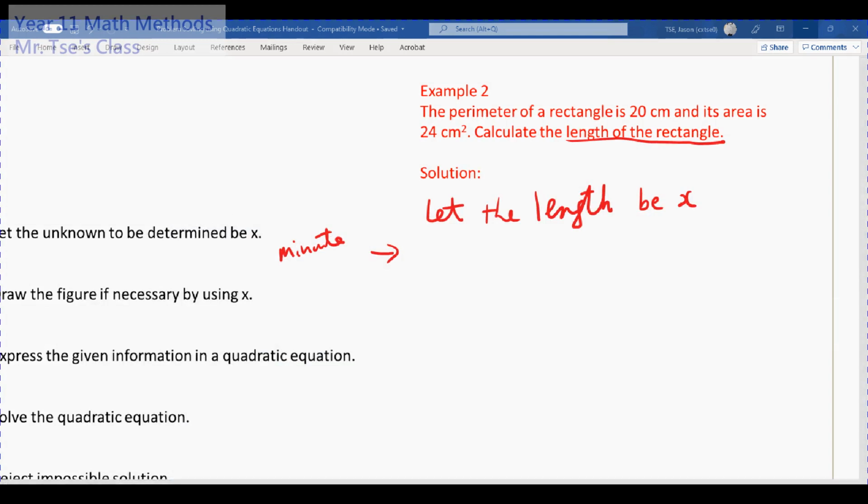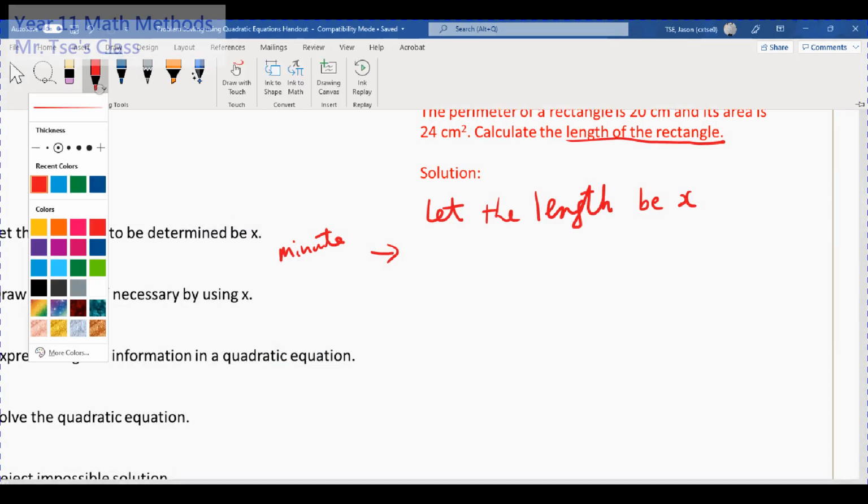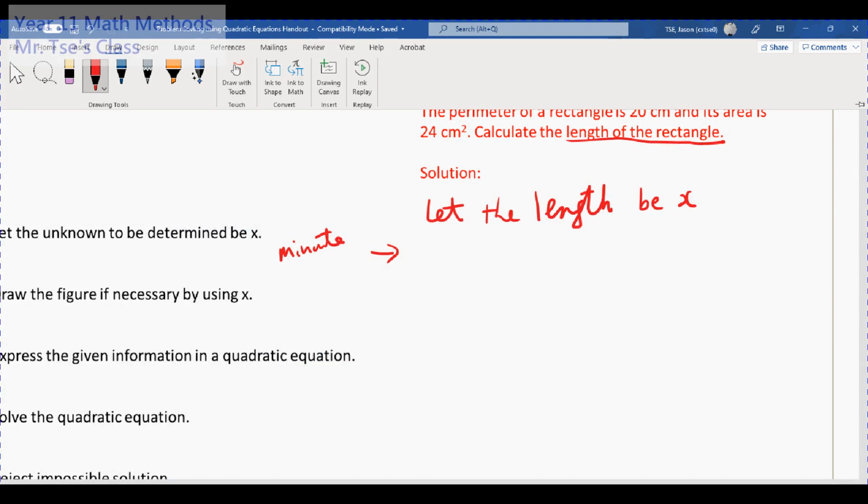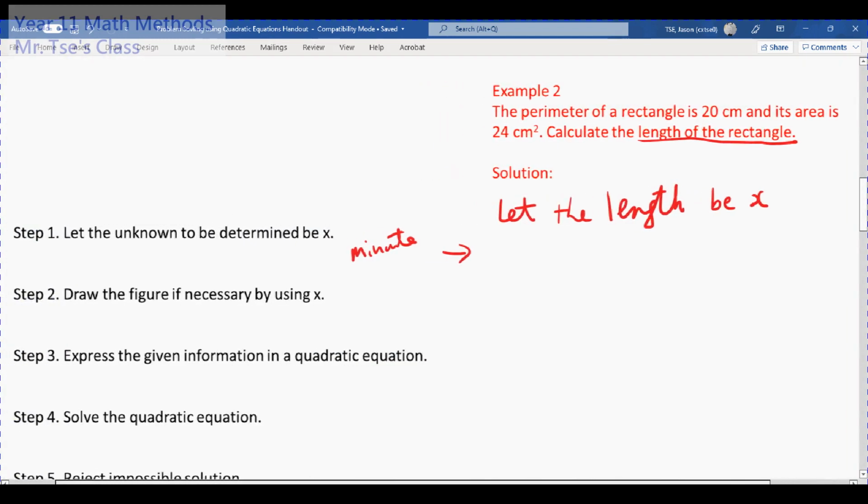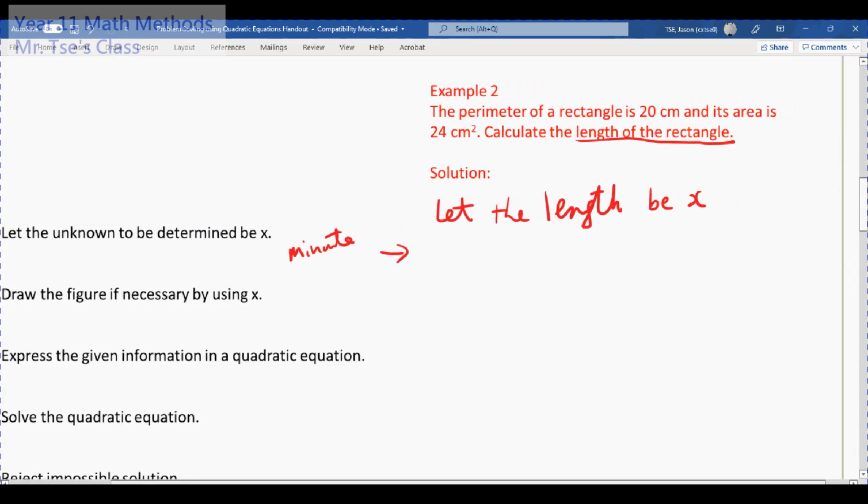Okay, so let me draw the figure I think can be helpful for us to solve the question. First of all, it's a rectangle, so let's draw a rectangle. That rectangle has perimeter 20 centimeter, and the area 24.